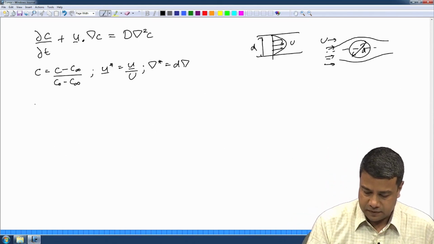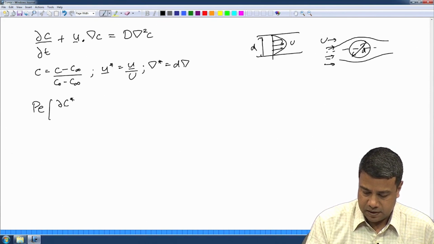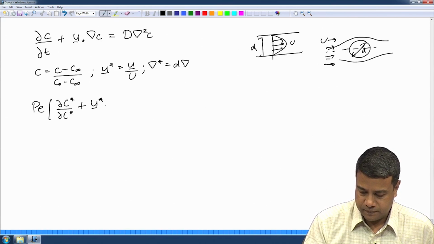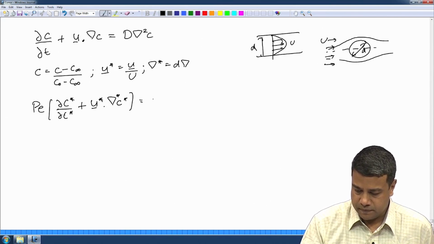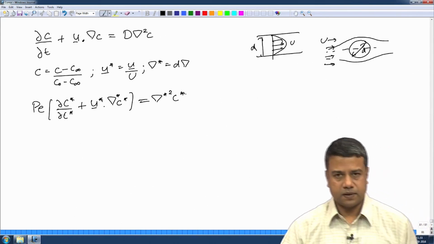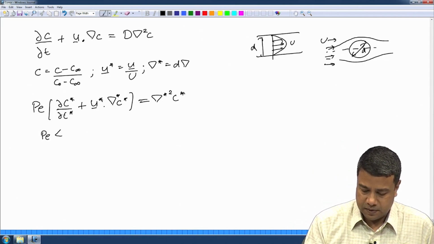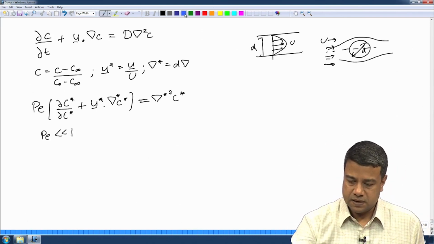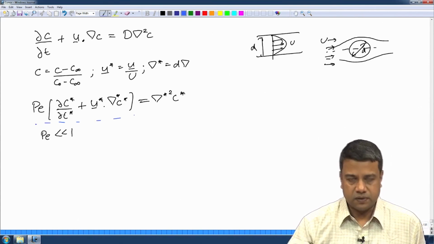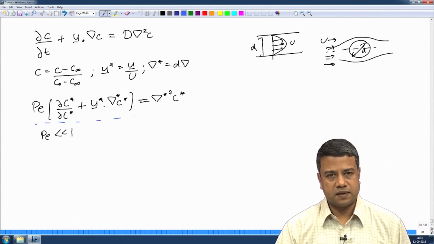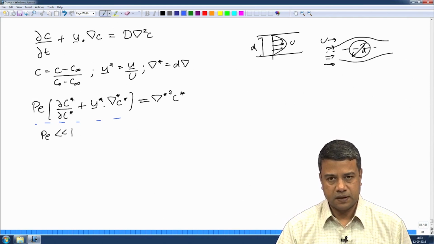I will get an equation of the form the Peclet number times partial c by partial t, and when the Peclet number is small compared to 1, this left side is small compared to the right side, okay. This left side is small compared to the right side.